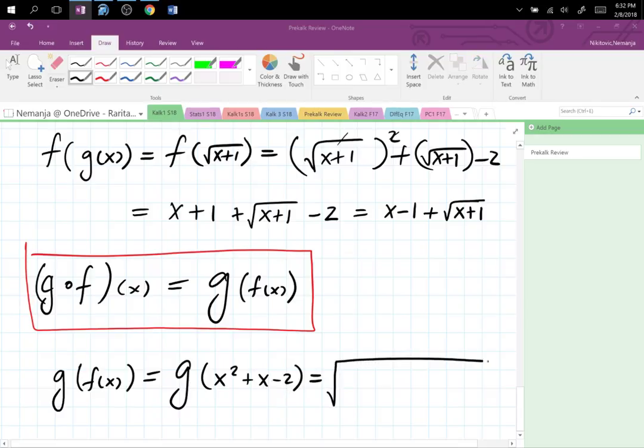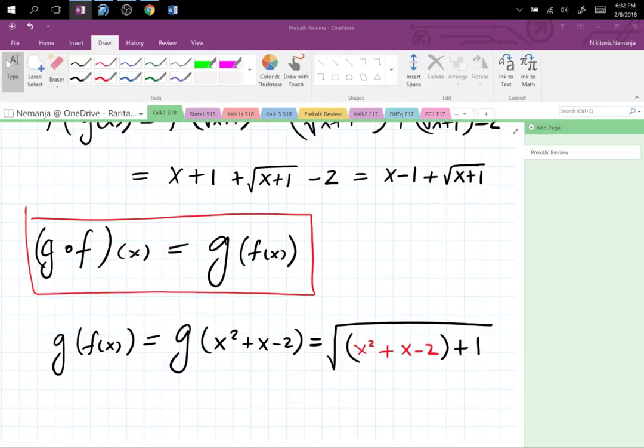So that means the square root of x plus 1, and your x now is replaced by x squared plus x minus 2. Well, your function composition now is just the square root of x squared plus x minus 1. Ta-da! That's it. That's the function composition.